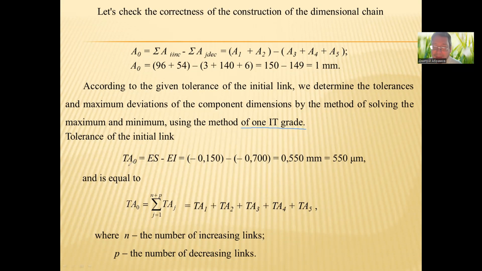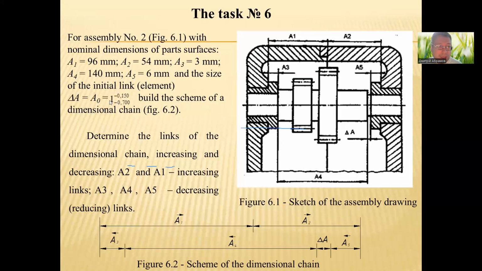The initial link is A suffix 0 and its tolerance is T A suffix 0. It will be equal to the upper limit deviation of the initial link minus the lower limit deviation of the initial link. Let's see our task: the upper and lower limit deviations of the initial link.